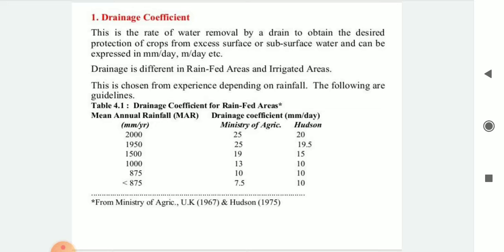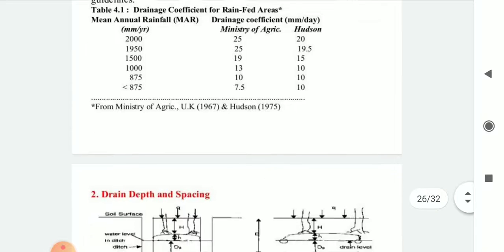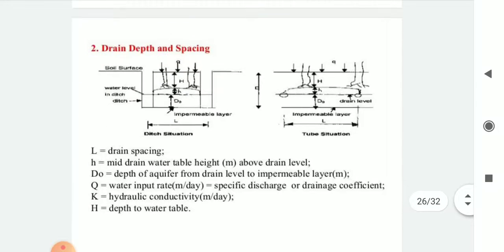Drainage coefficient for rain-fed areas. Here we can see the mean annual rainfall, MAR, in mm per year, and drainage coefficient in mm per day, from the Ministry of Agriculture, Hudson, with values for different drainage coefficients for rain-fed areas. Then second, drain depth and spacing.